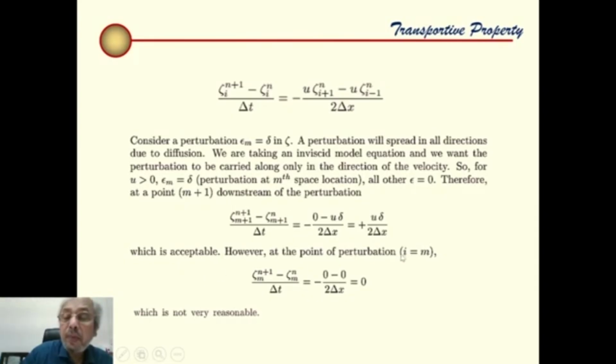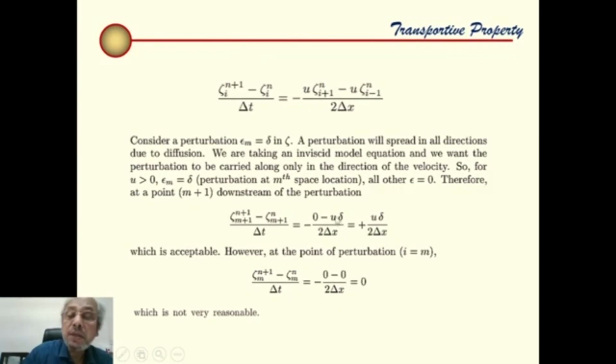However, at the point of perturbation, what is happening? If we substitute I by m, this will be zeta m at n plus 1 minus zeta m at n divided by delta t equal to, here I is substituted by m, so values at m plus 1 and m minus 1. Now perturbation is not there at m minus 1 or m plus 1.